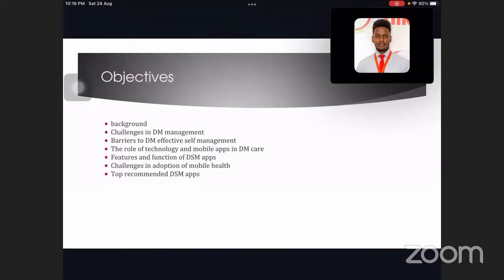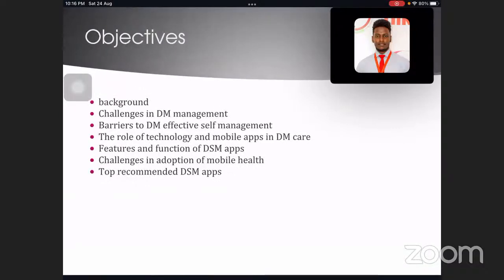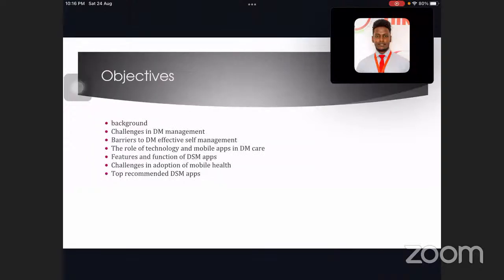And then after that, we are going to talk about the barriers to effective diabetes self-management and the role of technology and mobile apps in diabetes care. And further, we will talk about the features and functions of diabetes self-management apps and challenges in their adoption. And finally, we are going to talk about the top recommended diabetes self-management applications.